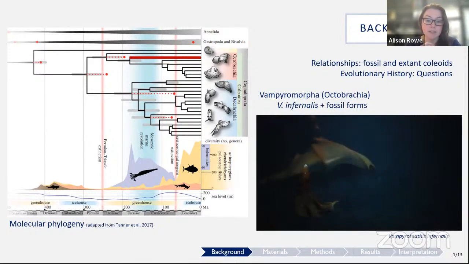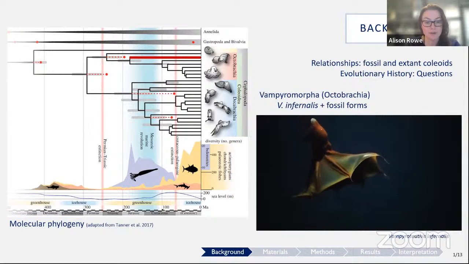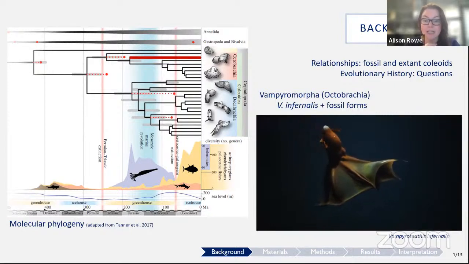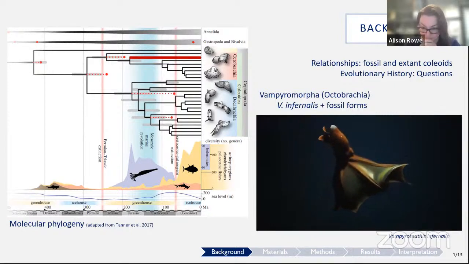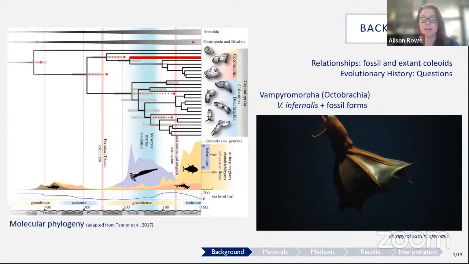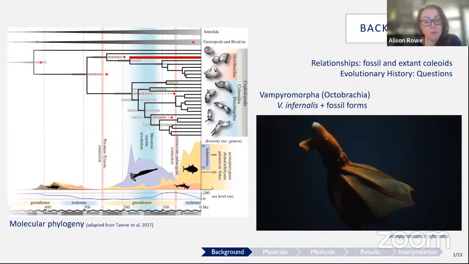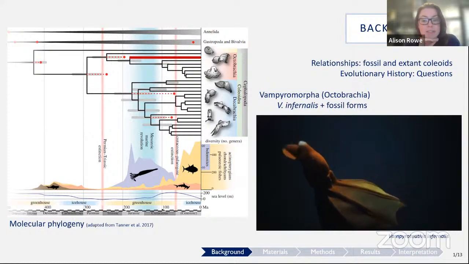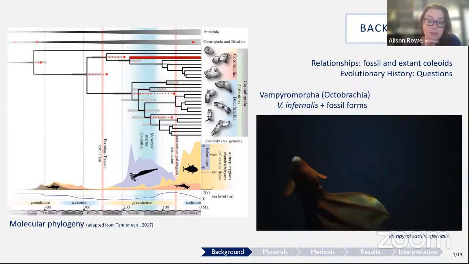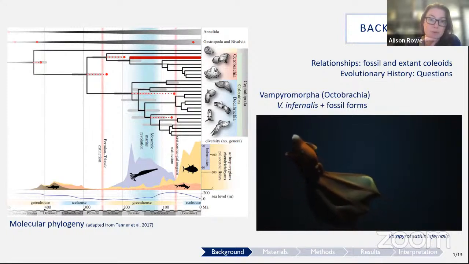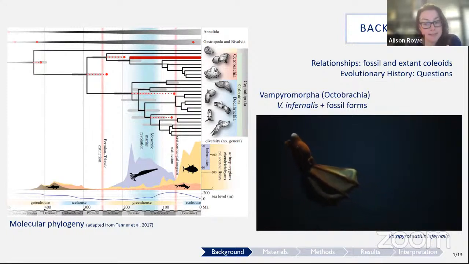So my current research is focused on Vampyromorpha. This is a clade that includes Vampyroteuthis infernalis, this rather mesmerizing creature here, and their fossil relatives. Vampyroteuthis is the only extant vampyromorph, and their phylogenetic position has been heavily scrutinized as they exhibit several autapomorphic characters.